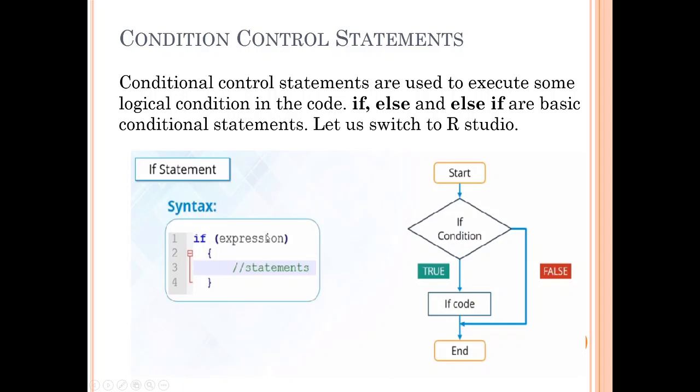If that condition comes out to be true, then the statements given in the curly brackets will be executed. The curly brackets show the scope of the if statement. This basic if statement is exactly the same as the if statement from C or C++. You can also see the flow chart over here.